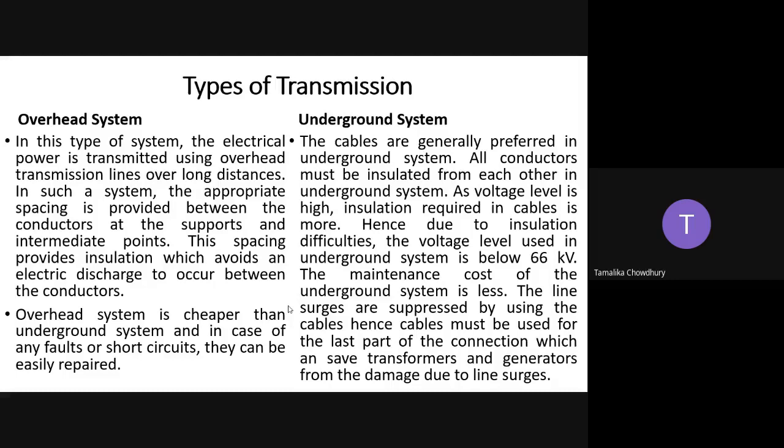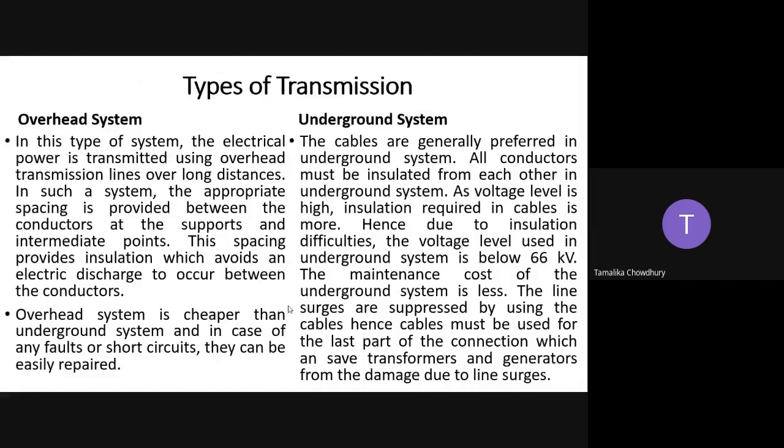Hence the cables must be used for the last part of the connection, for example at transformers and generators. Laying the cables can save the transformers and generators from the damage that can be caused by line surges. So this is the main difference between the overhead system and the underground system.